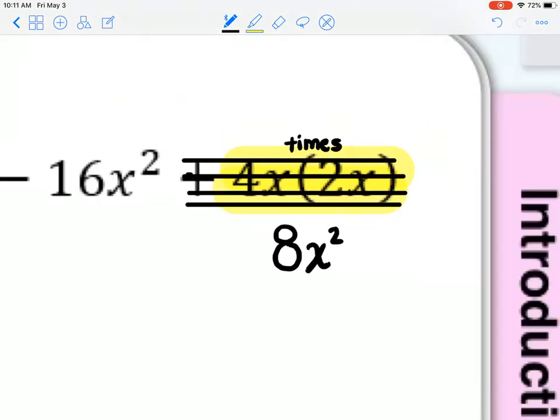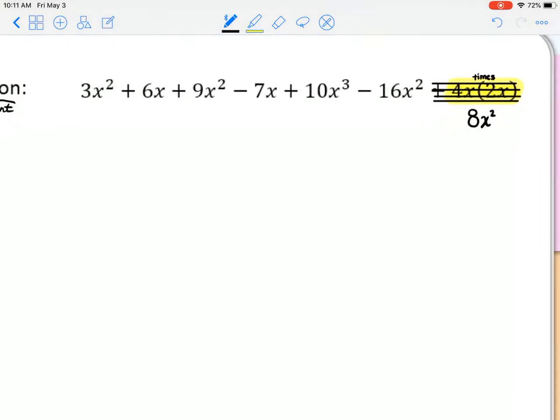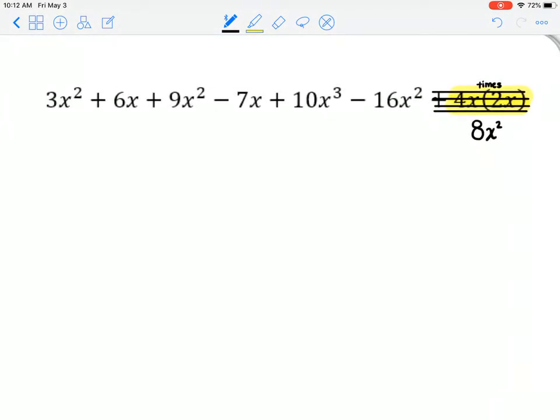So let's back off to the expression again, and I'll show you how to do the next step. I want you to come down here to the bottom, or if you were doing this on a test, you would have scrap paper. And I want you to write this with me.